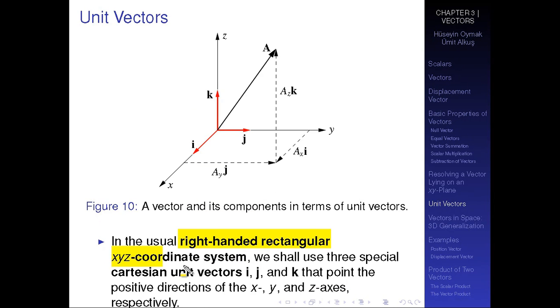Consider the usual right-handed rectangular XYZ coordinate system.